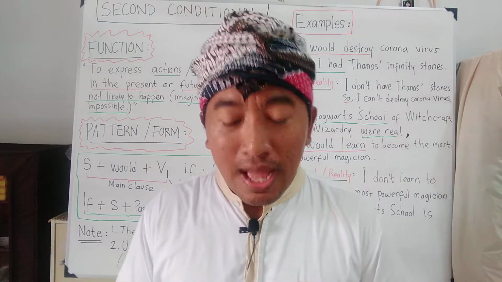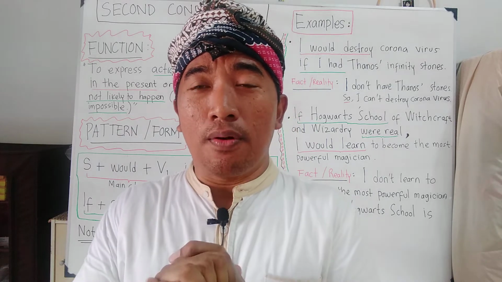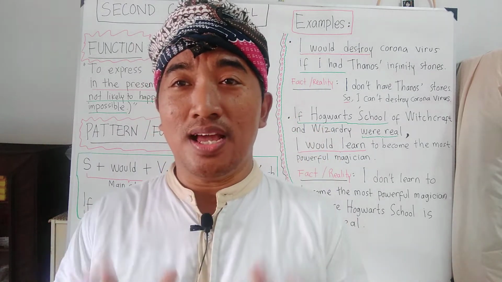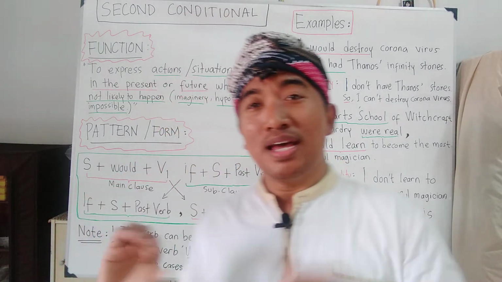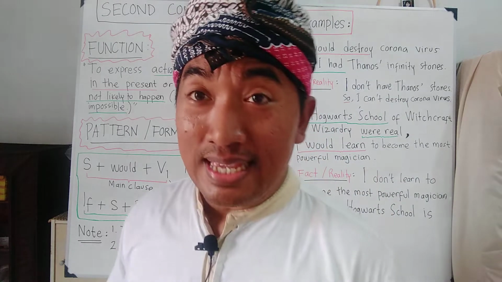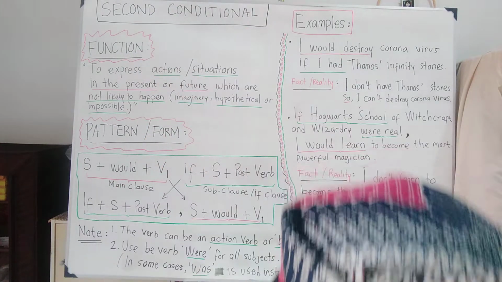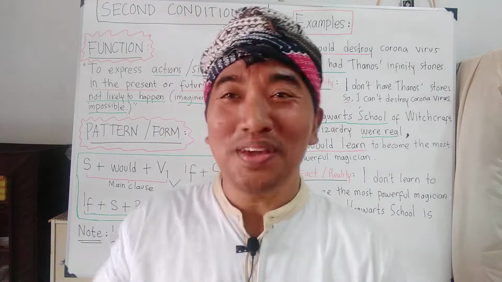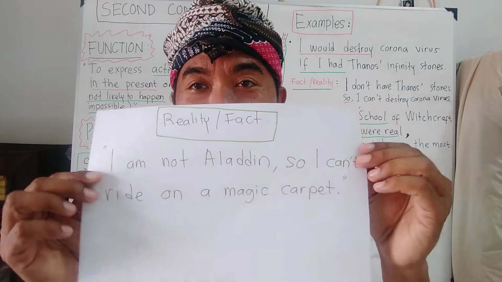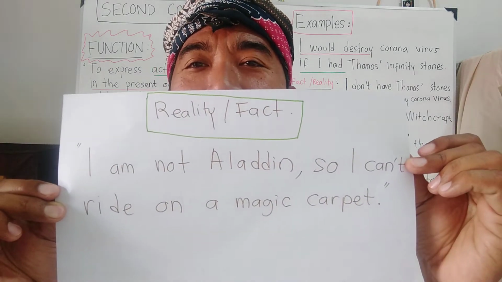Now, I hope that you will find this video quite useful. However, before I end this video, I want to check whether you really understand how to use the pattern in a sentence. So how about me giving you an exercise? Now, alright, there we go. I want to show you the fact. Okay, check the fact.